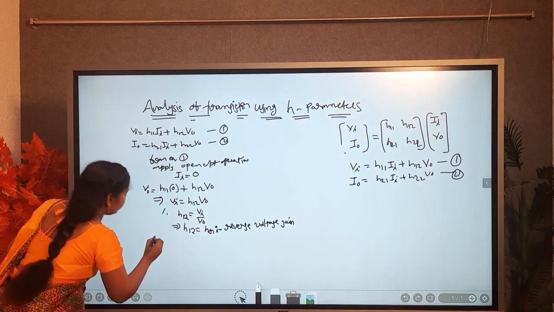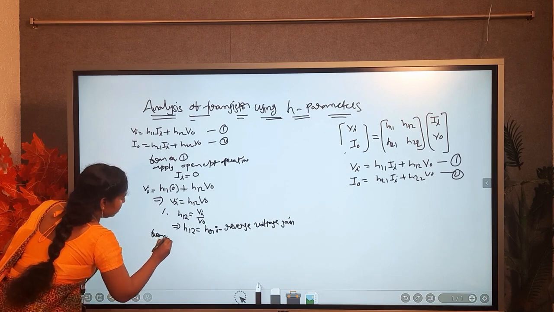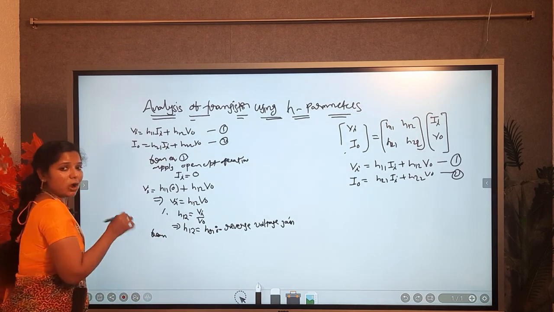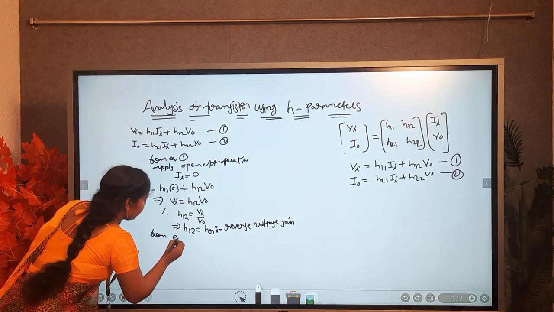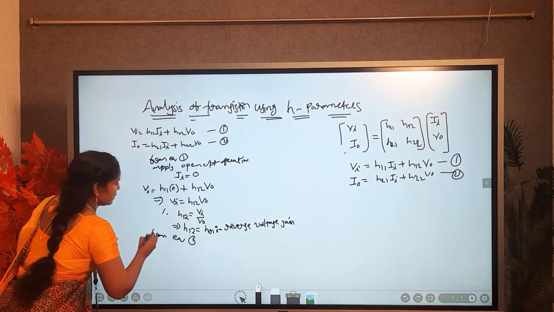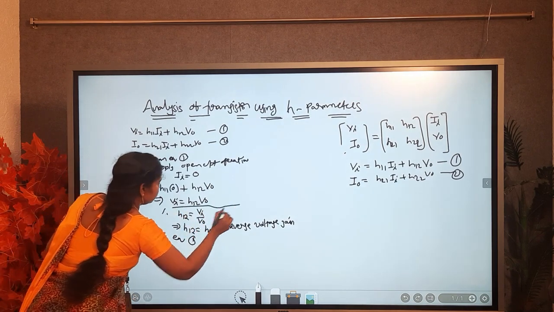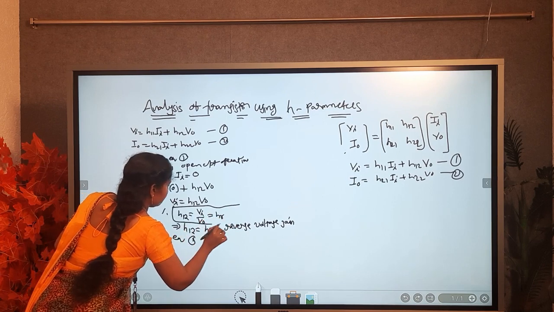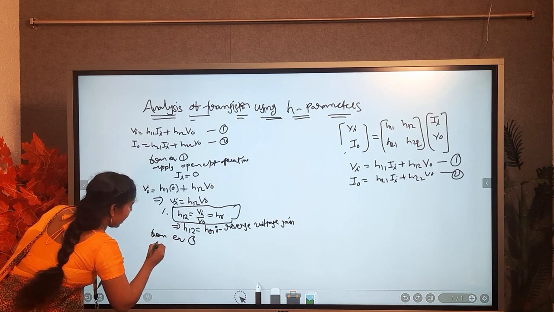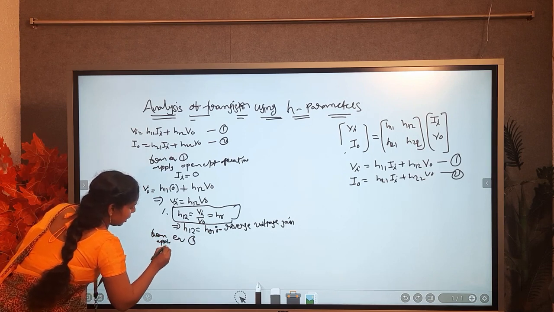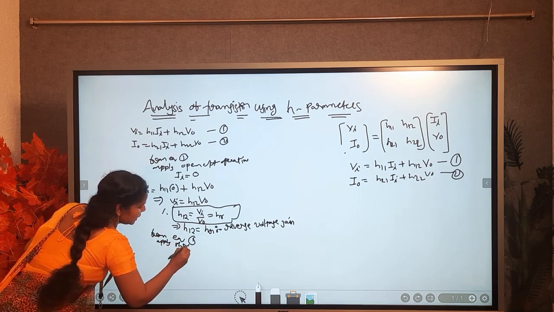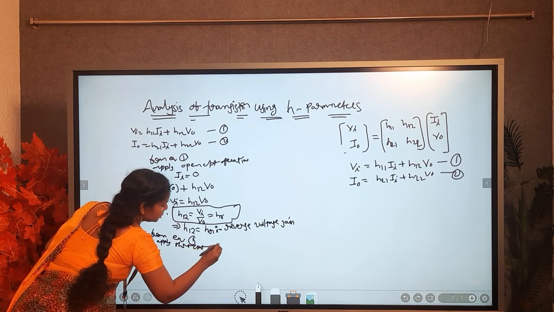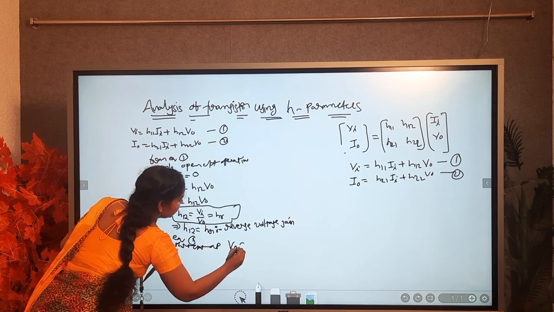From equation 1, then you have to apply the short circuit operation. Apply short circuit operation, so V naught equals 0.